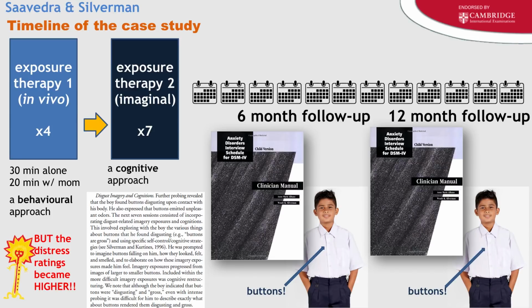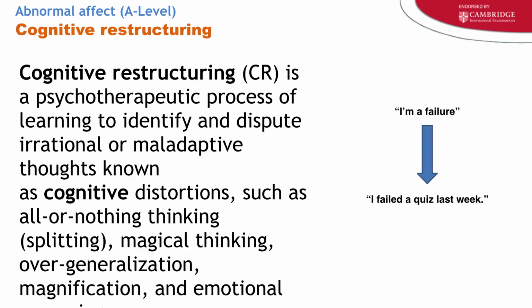In the article, they address that the way to handle a phobia cognitively is through something called cognitive restructuring. And this is a term that you'll see a lot in A-level, especially for abnormal psychology involving things like depression. But it can be used for other irrational conditions where your thought processes are causing your irrational thoughts.